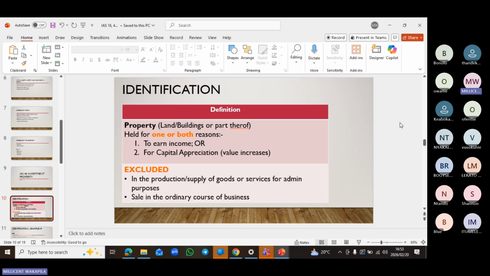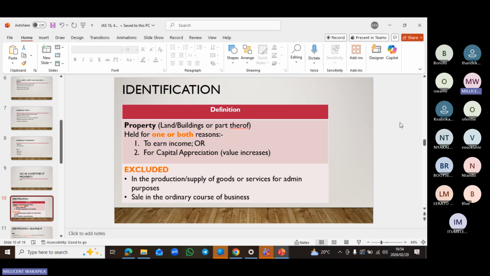What is excluded is the production or supply of goods or services for admin purposes, or a sale in the ordinary course of the business. Can you see that what is being excluded, the one used in the production or supply of goods or services for admin purposes, is actually PPE?